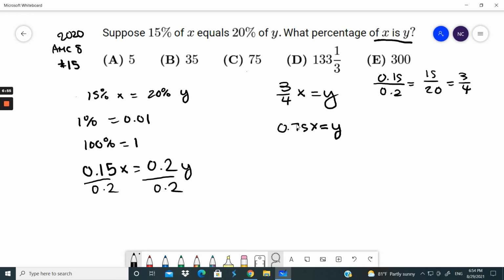We multiply by 100, because we multiplied by 100 from 0.01 to get 1%, and we multiplied by 100 times 1 to get 100%. So 0.75 is equal to 75% of x, which is equal to y. So the answer to this problem would be 75, or C.